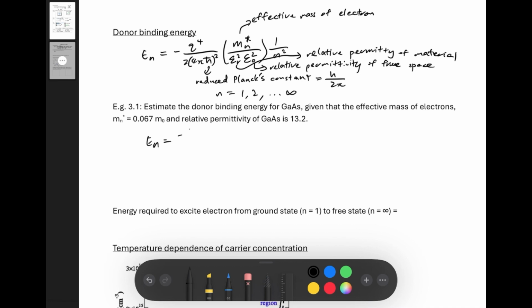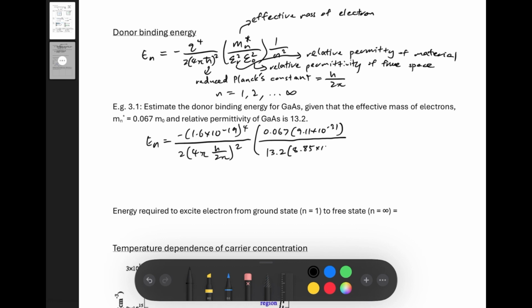So minus Q to the power of 4 and 2 4 pi h over 2 pi squared times 0.067, and then the elementary mass of electron, 13.2 is the relative permittivity, and the permittivity of free space is this, so we can just square this, and then we have 1 over n squared.